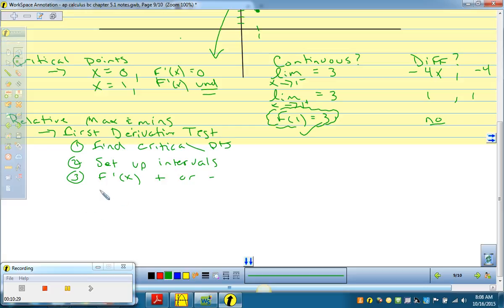So if my critical points are x equals 0 and x equals 1, I want to set up intervals around them based on the problem that we're dealing with. We were given no endpoints to our interval, correct? This is an open interval. So our intervals will go from negative infinity to the first critical point, going from left to right, and then from 0 to 1, between the critical points, and then from 1 to infinity.